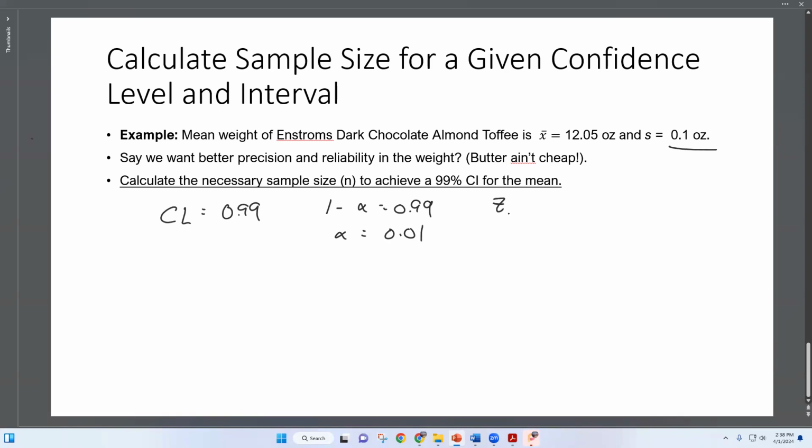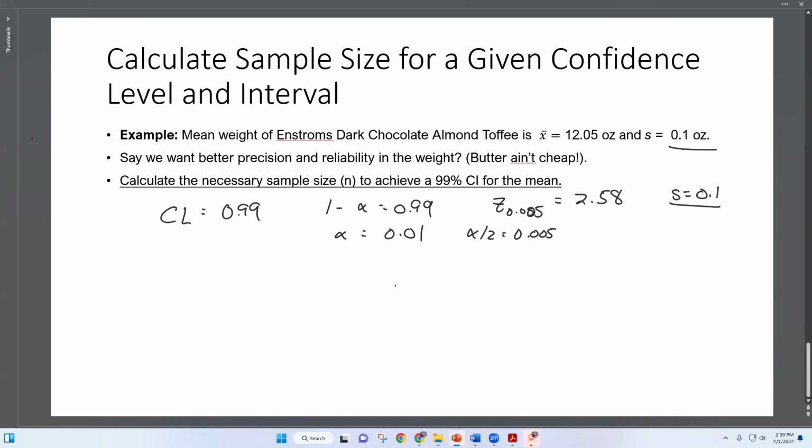And then z 0.005, right? So alpha over 2 is equal to 0.005. That's going to be 2.58 if we go back to our table. And we said that S is equal to 0.1.